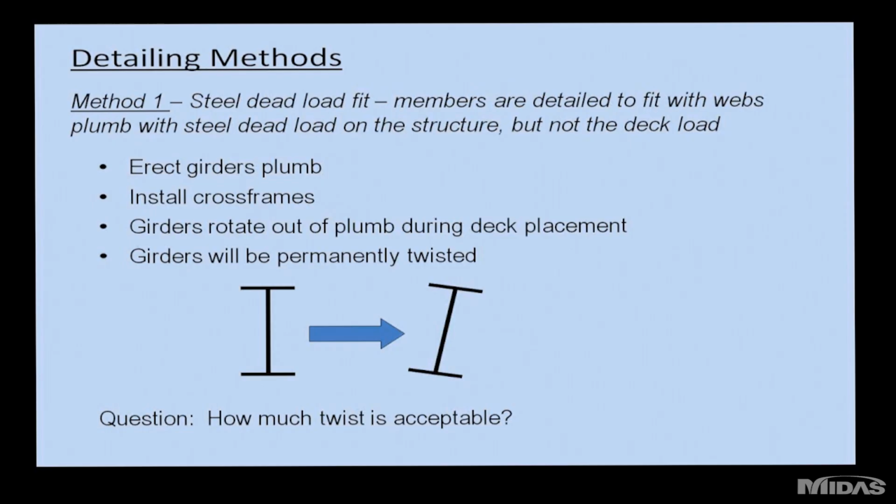So when the girders are erected, the cross frames are installed prior to the deck pour, everything is plumb. And then when the deck pour happens, the girders are loaded, the girders go out of plumb. And the outstanding question, in ODOT's mind anyway, was how much twist is acceptable in that method? When does it become a problem?